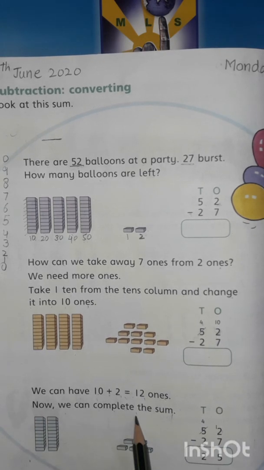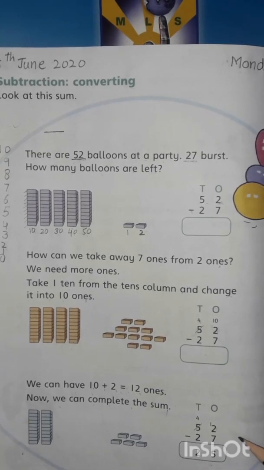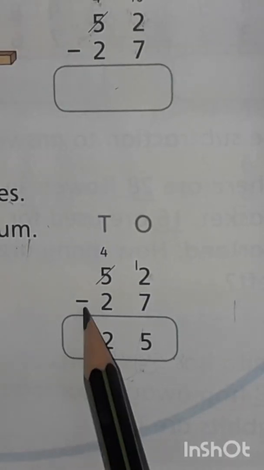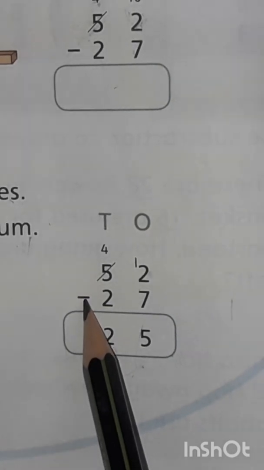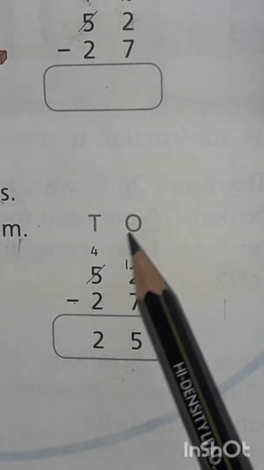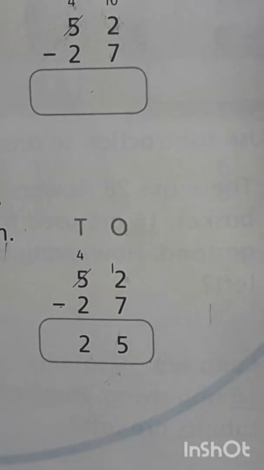Now we can complete the sum. We follow the same steps we did before. Start from the right side. This is the sign of subtraction called minus. In minus, we will cut the lines. Ones, tens, start from the right side.